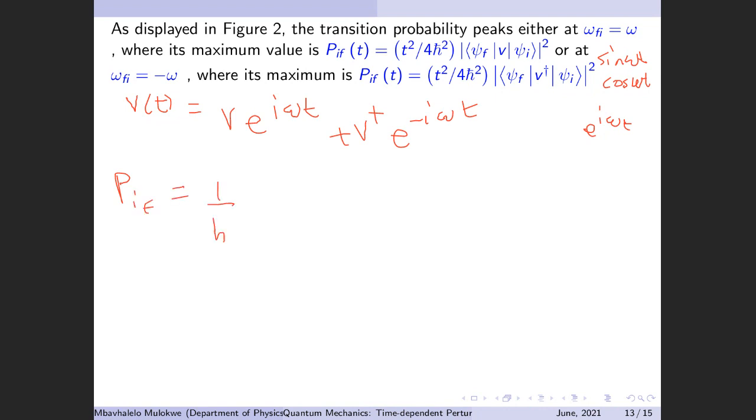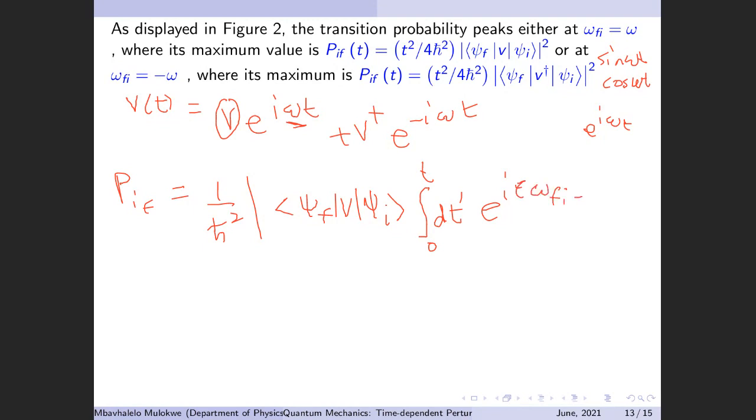This will give you 1 over h bar squared. Right. So it splits into a sum. So you get psi final, and these V are constant, so you get V psi initial, but you still have to do the integral over the time. So you get the integral from 0 to t dt prime e^(i omega final initial minus omega multiplied by t).